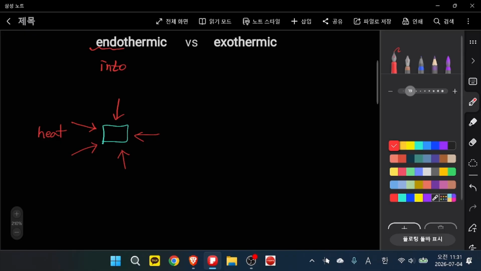For example, when ice melts into liquid water, the ice absorbs heat from its surroundings. That's why melting is an endothermic process.